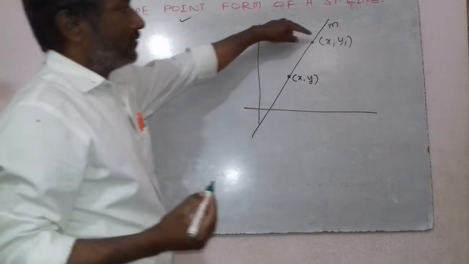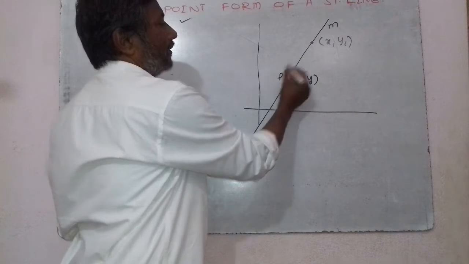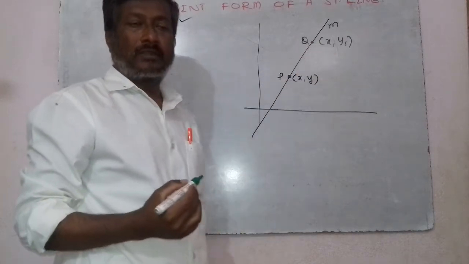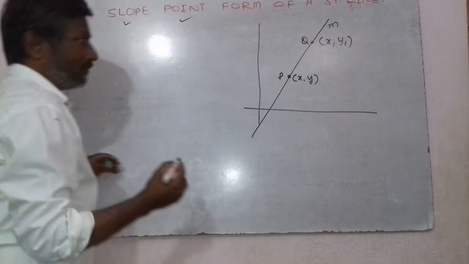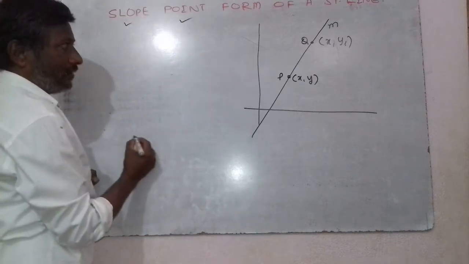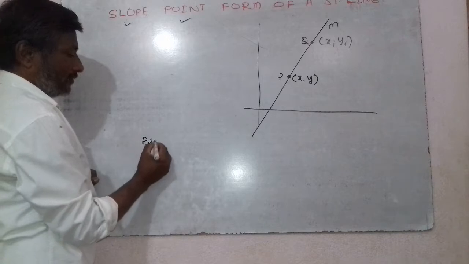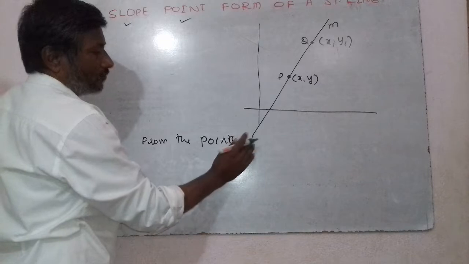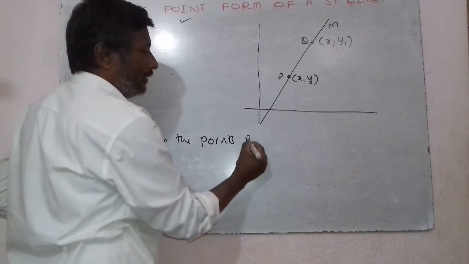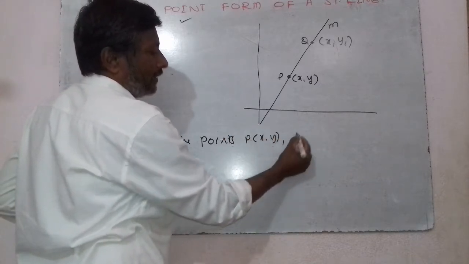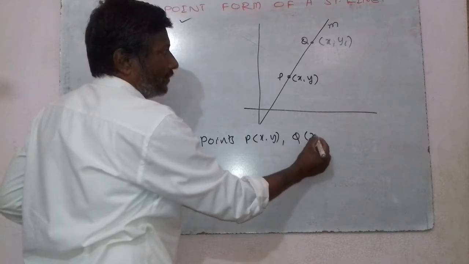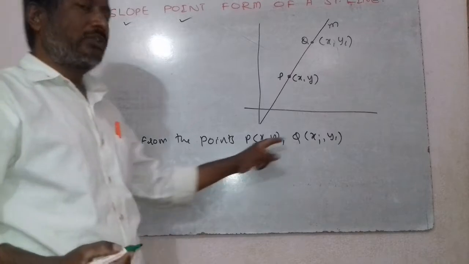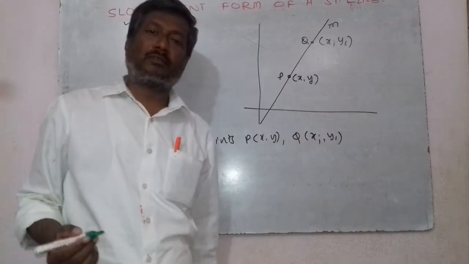To derive this equation, it is simple. We know that this is one point, say P, and this one is Q. So using these 2 points, we can find the slope of the line. From the points P x comma y and Q x1 comma y1, using the 2-point form, we can find the slope.